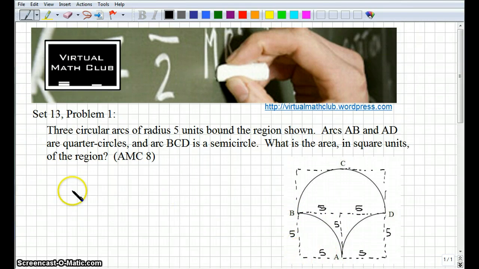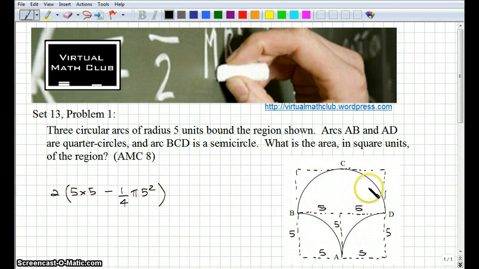So that would be 5 by 5 is the square, and we could subtract 1/4 of pi times 5 squared, right? Pi r squared. And then we'd have 2 of those, right? So we can multiply this whole thing by 2.